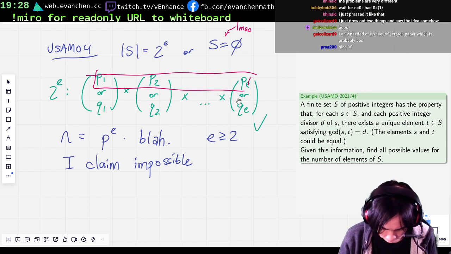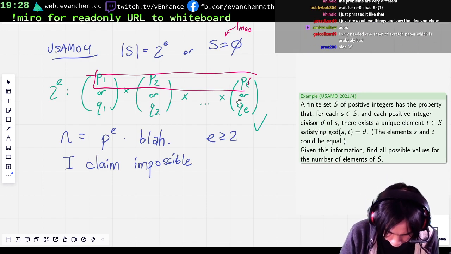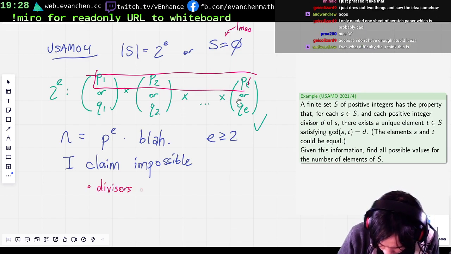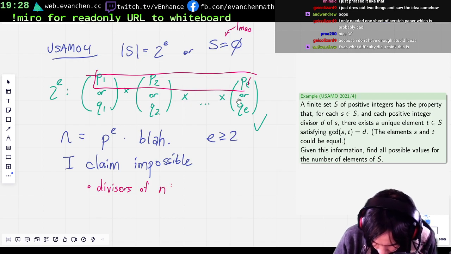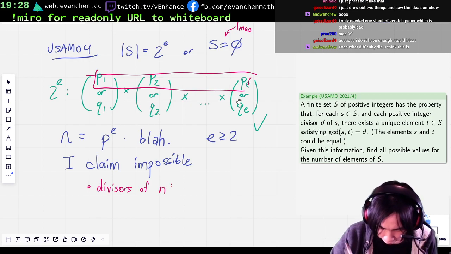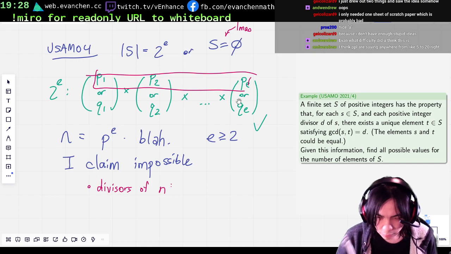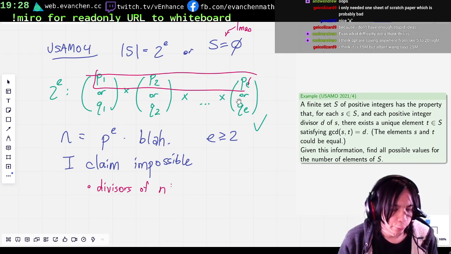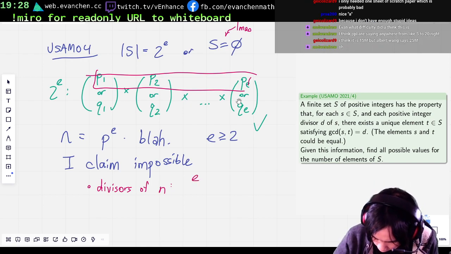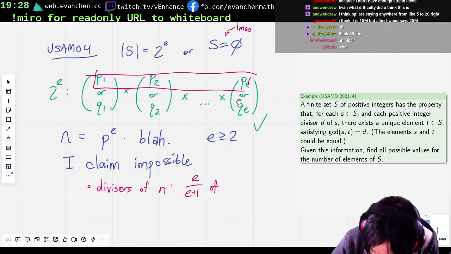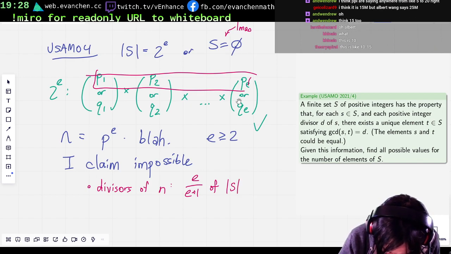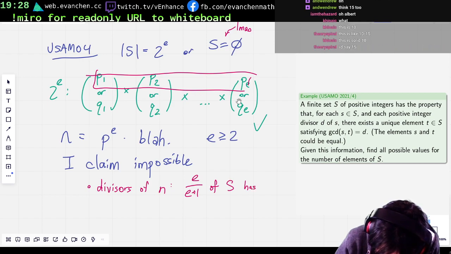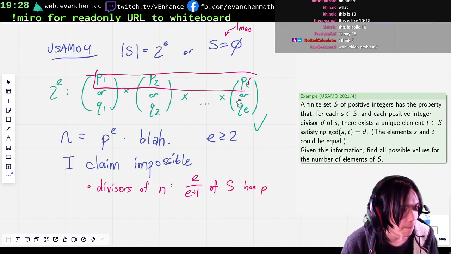Alright, and here's why. On the one hand, if you look at the divisors of n, by taking the GCDs, you get a lot of things divisible by P, right? Like E over E plus 1 of the elements in S has a P in it.